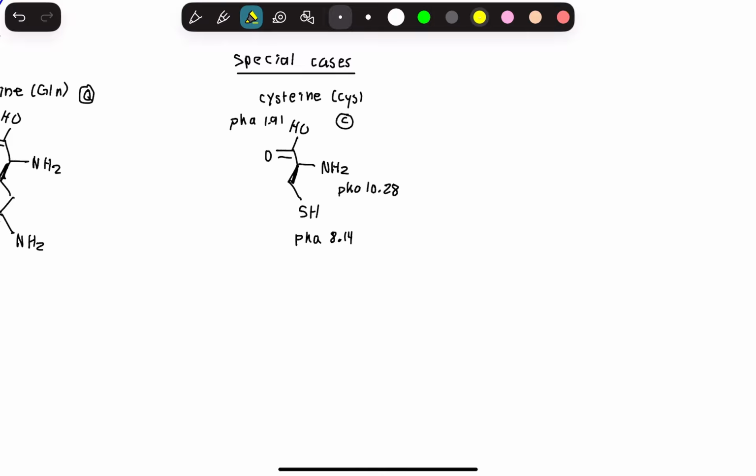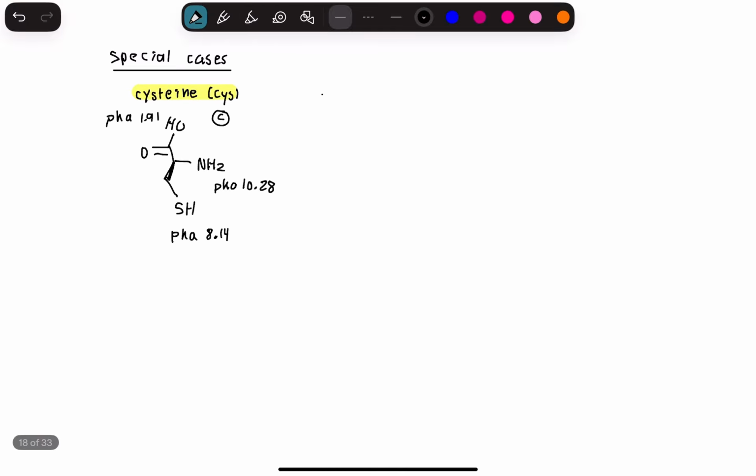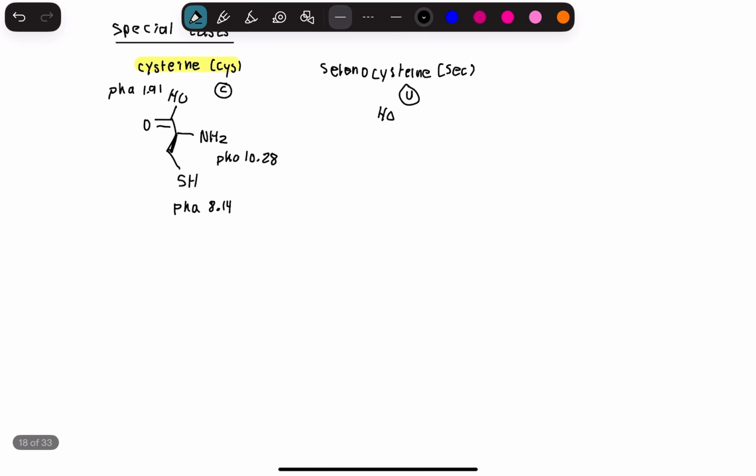Now on to our next one. We have selenocysteine, and this is abbreviated as SEC, and this is going to be represented as U, and what you have is, again, hydroxyl up here.